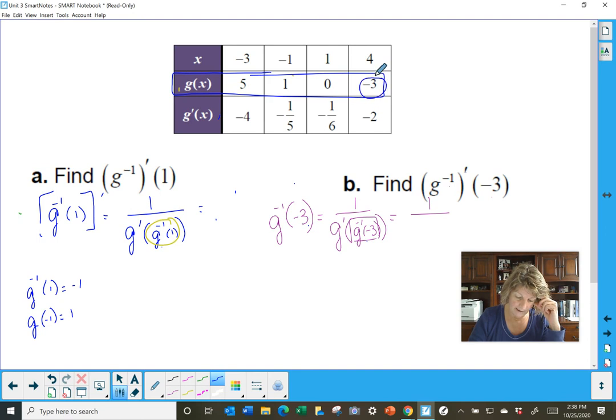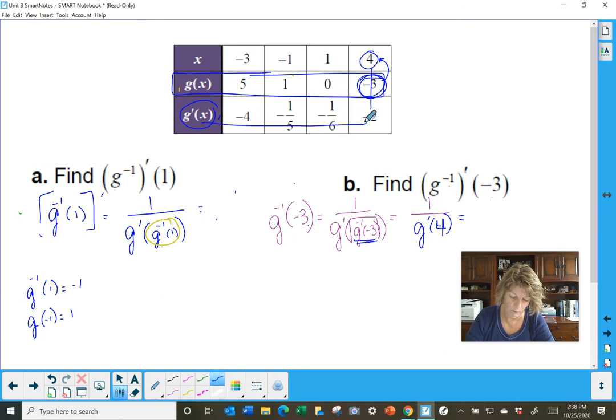I spot it. That is an output to G, which means that this was the input. So this will update to a G prime of 4. I have to read the table backwards when I'm given an inverse of a function of a number. Now the easy part. G prime of 4 leads to negative 2. We get a negative 1/2.